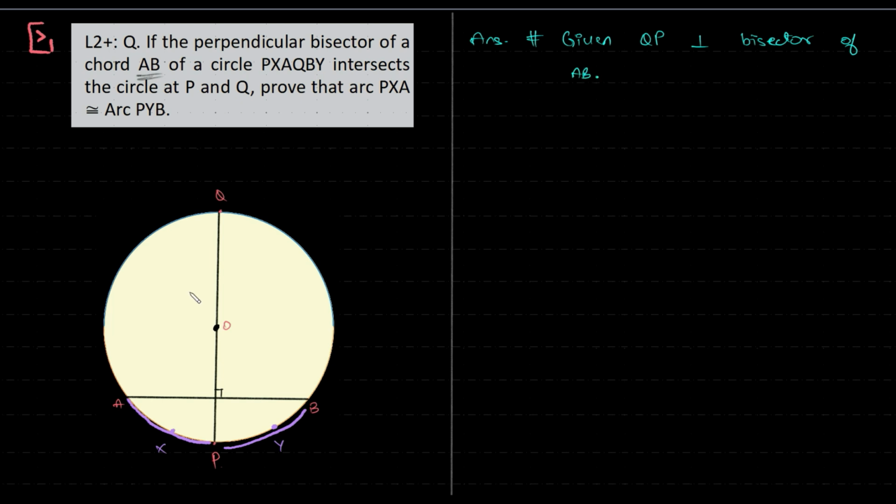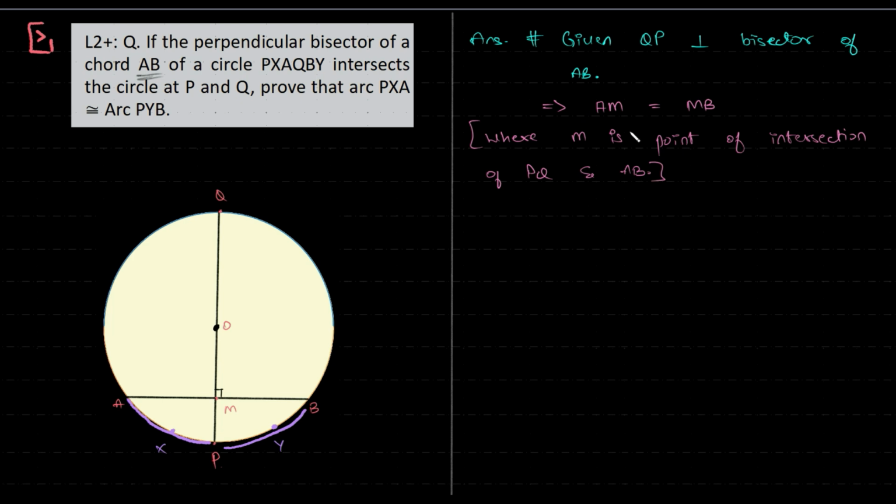And if I call this point M, this implies we have AM is equal to MB, where M is the point of intersection of PQ and AB.